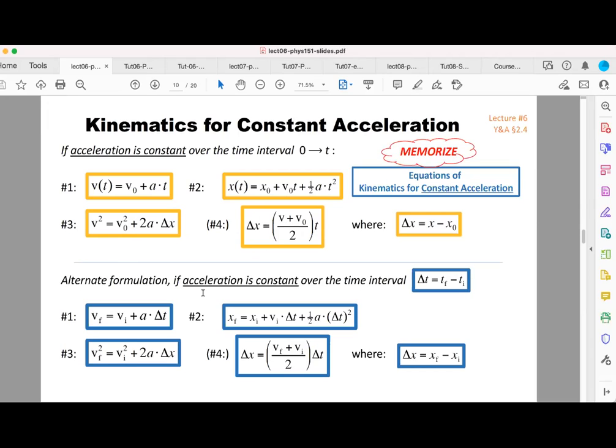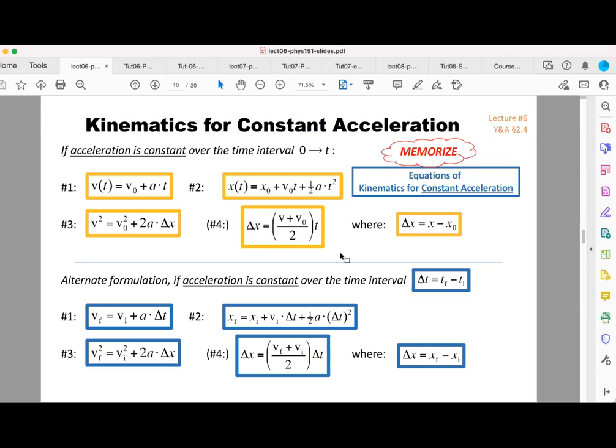And an alternative formulation, again, if the acceleration is constant over the time interval delta t, with t final minus t initial. The case before is when the initial time is 0, and that's why we indicated it only with t, because it's essentially only t final.